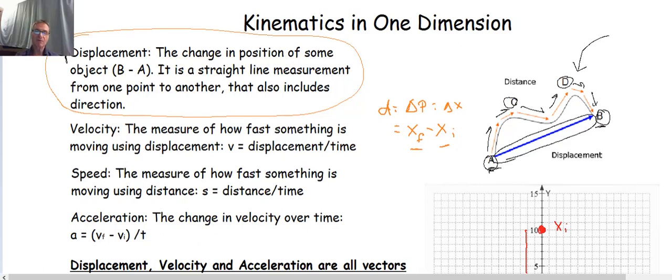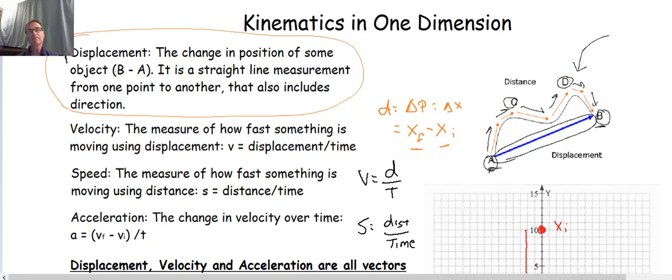So velocity is displacement divided by time. But we also talk about speed, and speed is distance divided by time.